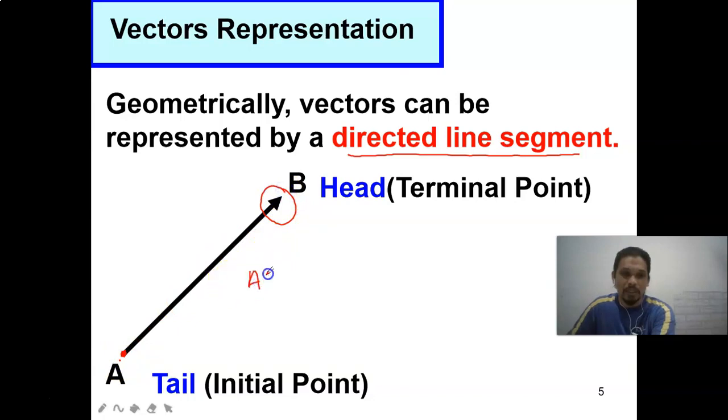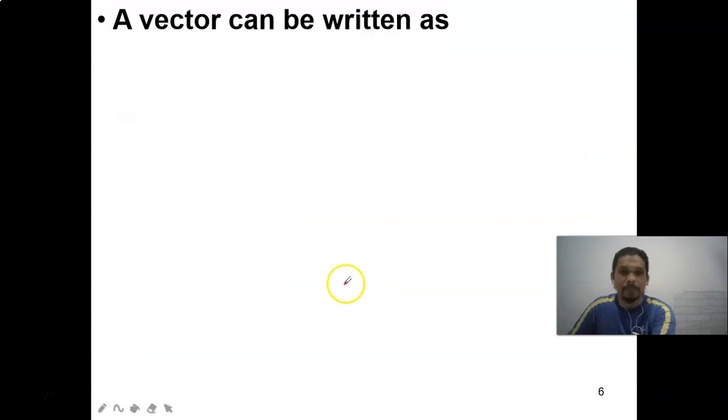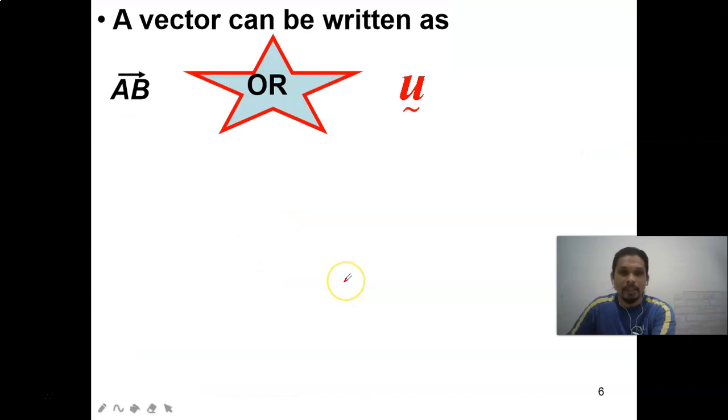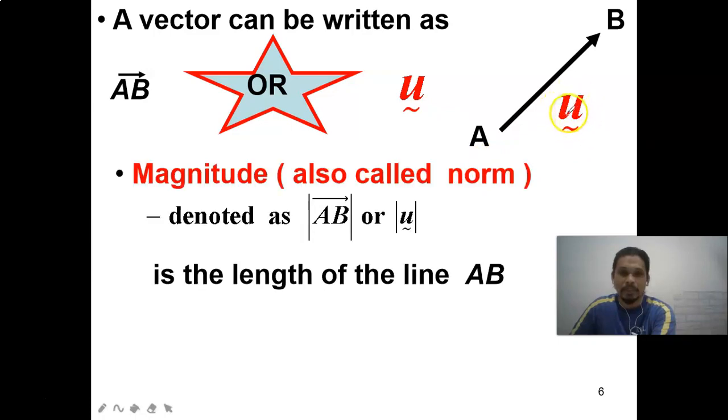So we can put this as a direction. We call it the vector AB. Okay, a vector can be written as vector AB, or we can represent it with a single vector notation u, with a curly sign from A to B, or we can recall it with this label here.